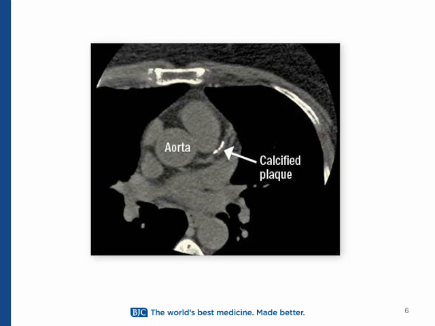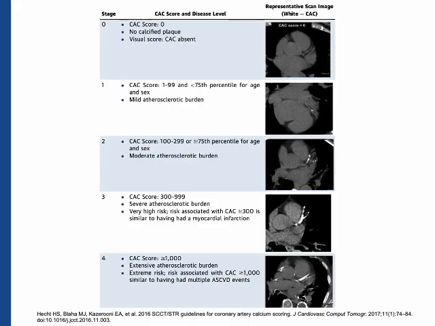Here is a table coming from a paper that shows the coronary artery calcium score and what it matches to what we see on the CT image. Score of 0, there's no visible calcium at all. Score of 1 to 99, you start to see small specks of calcified spots in the coronary arteries. By the time the score reaches 100 to 299, the calcium becomes more noticeable and easier to see.